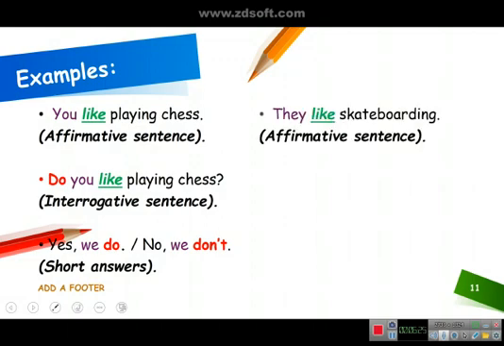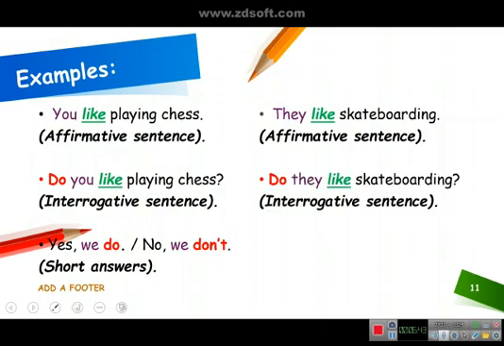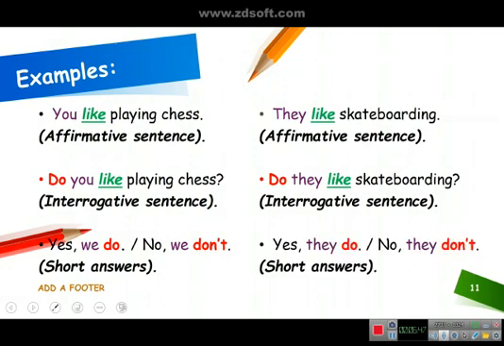They like skateboarding. This is an affirmative sentence and the verb is like. Excellent. To make this sentence interrogative, we add do before the pronoun they, so it becomes, do they like skateboarding? The answer is, yes they do, or no they don't.